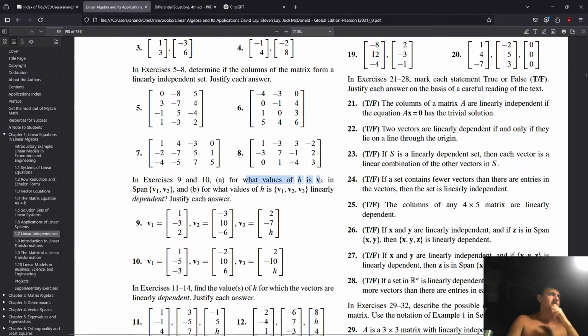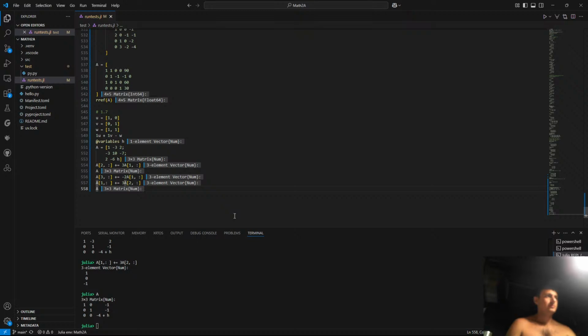For which values of h is v3 in the span? I'm pretty sure that the answers for A and B are going to be the same, but we'll figure that out. So if h equals 4, then x3 is free and not in the span.